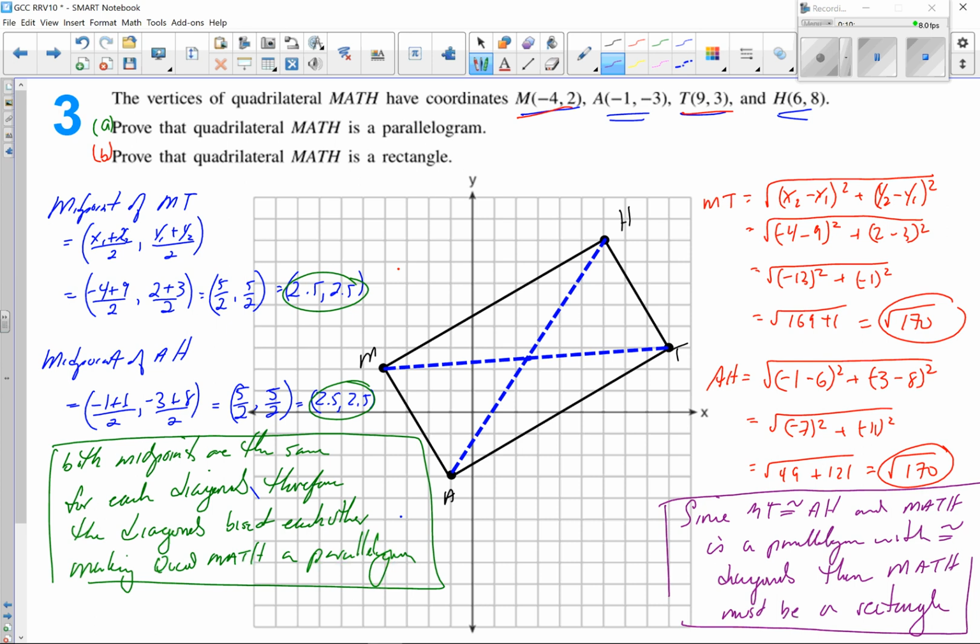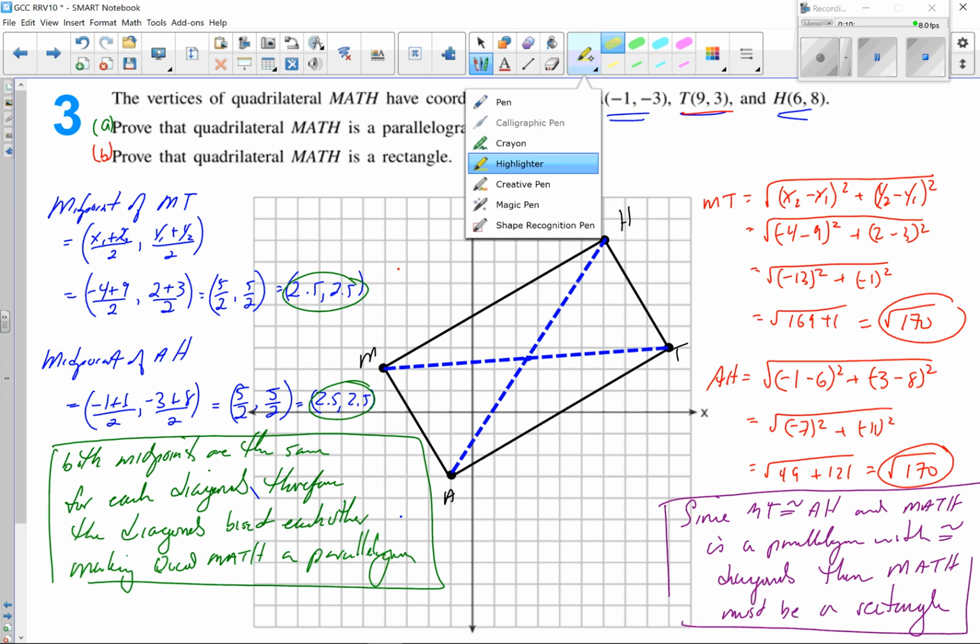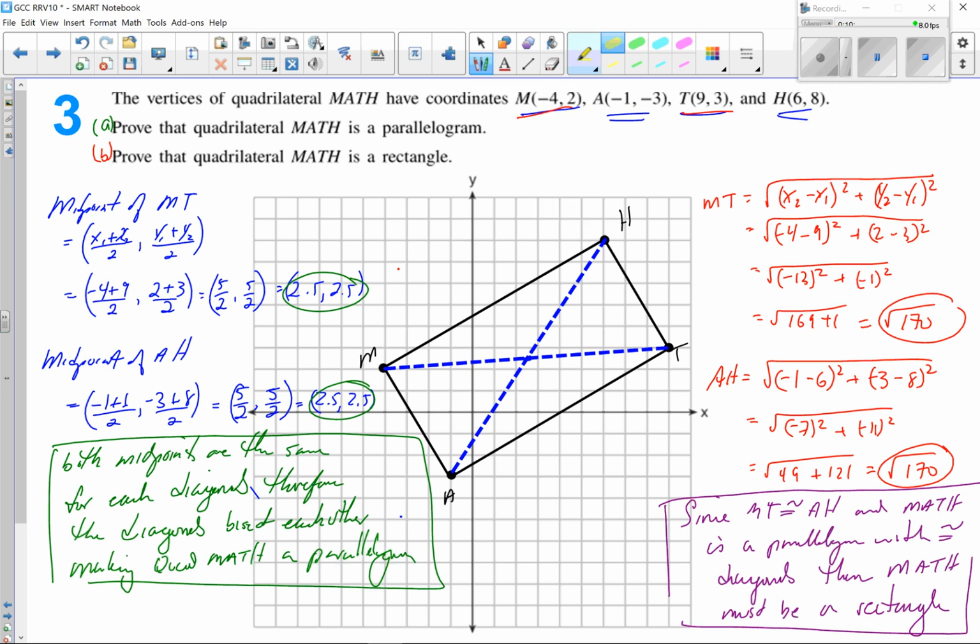So again, to me, this is the simplest and most direct means to proving both of these, both a parallelogram and a rectangle, using the diagonals, but you do have a lot of different options, especially for the parallelogram. Just to kind of recap our properties, we know that we do have opposite sides that are parallel.